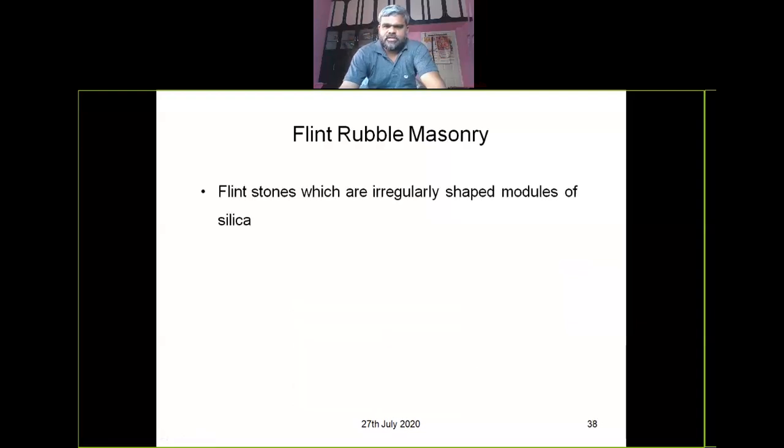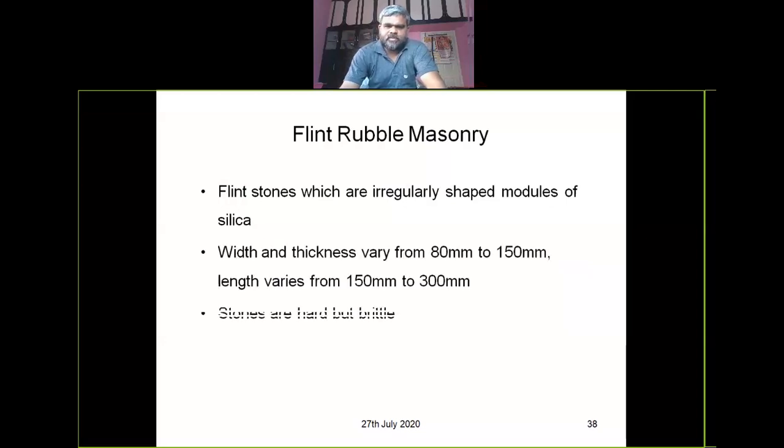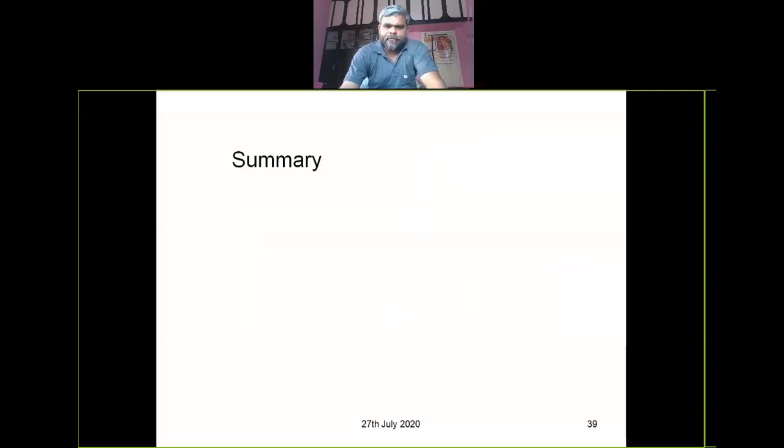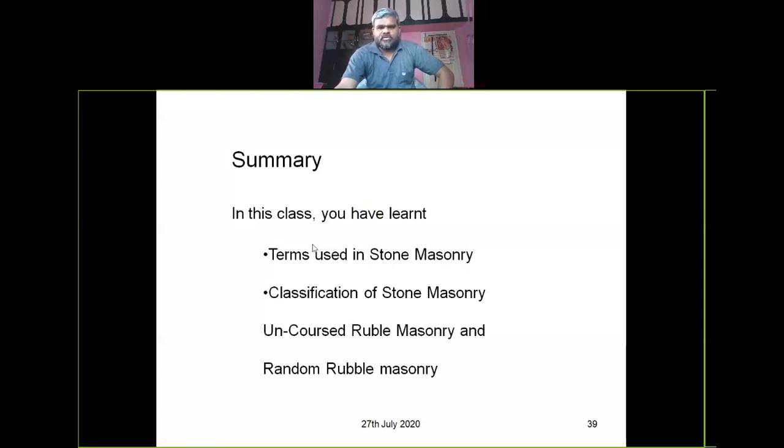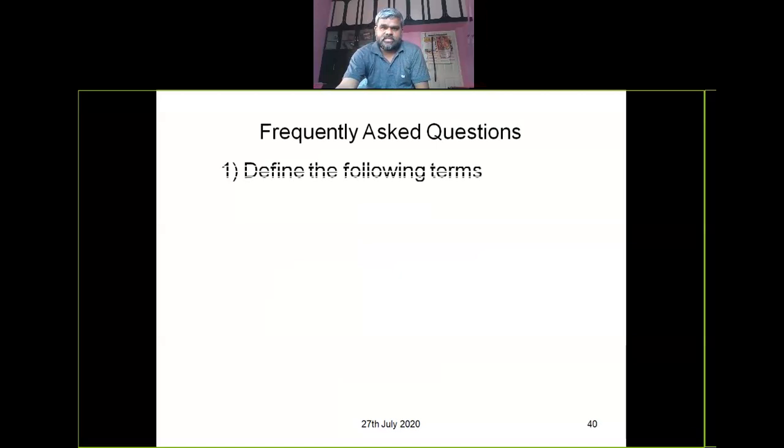Flint stones are irregularly shaped nodules of silica. This is how the different types of stone masonry, the different terms used in stone masonry and the classification of stone masonry we have discussed here. And the general principles involved in stone masonry we'll see in the next class.